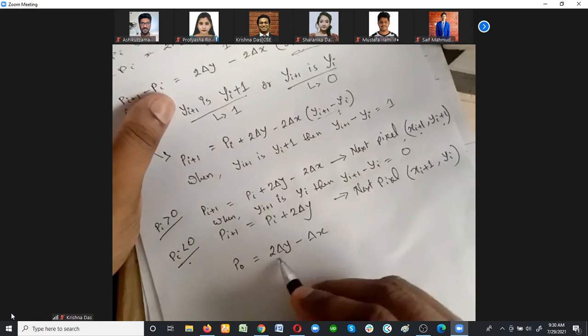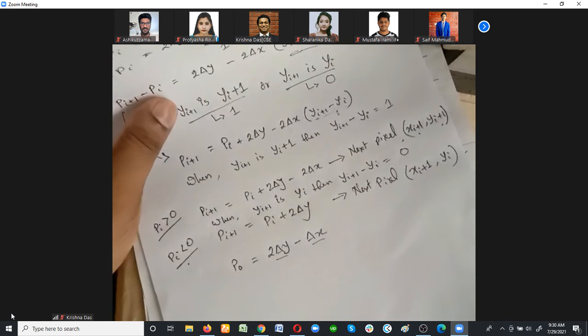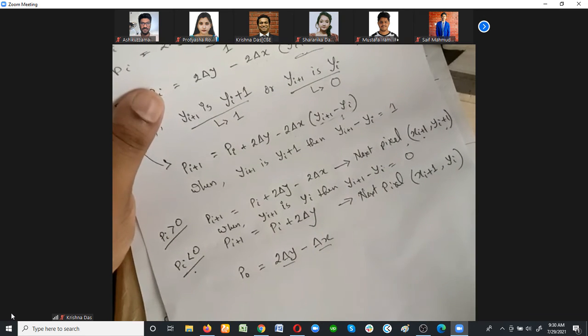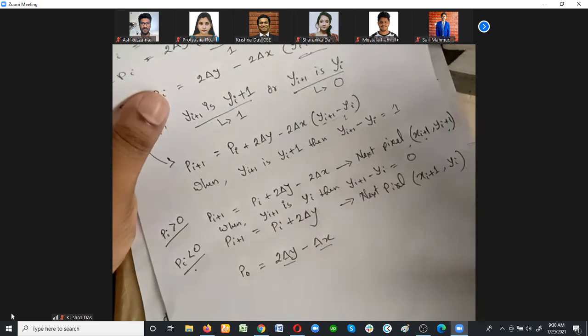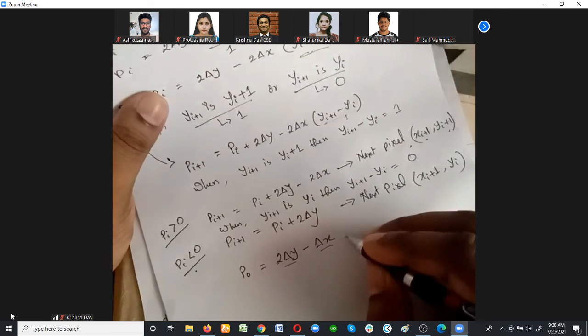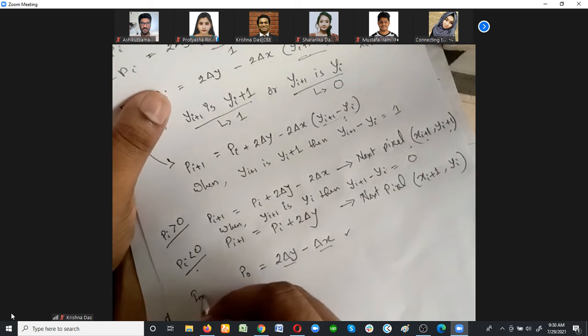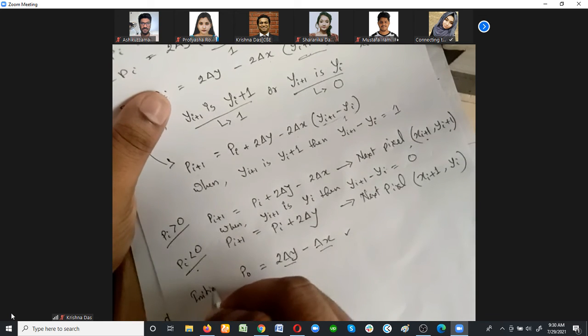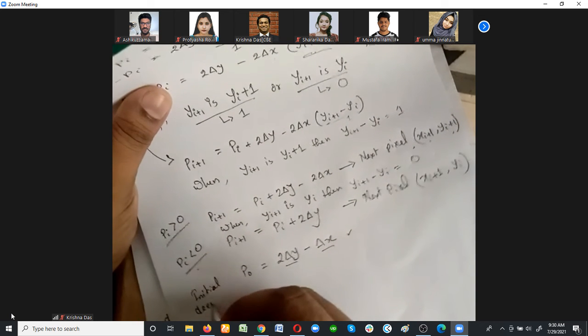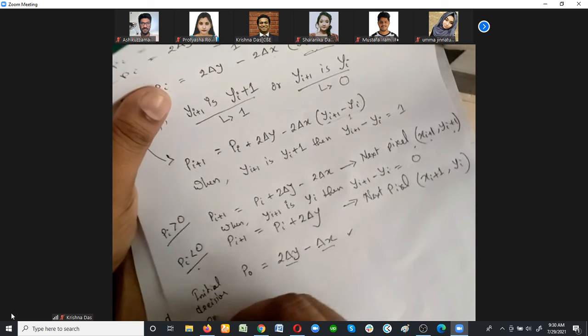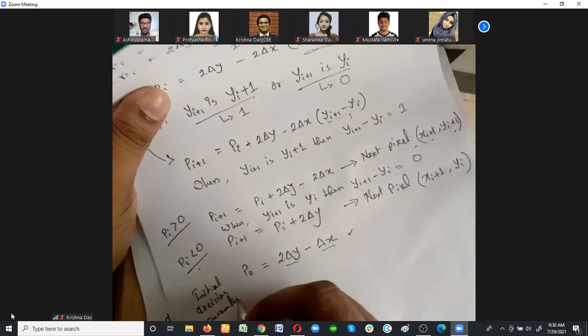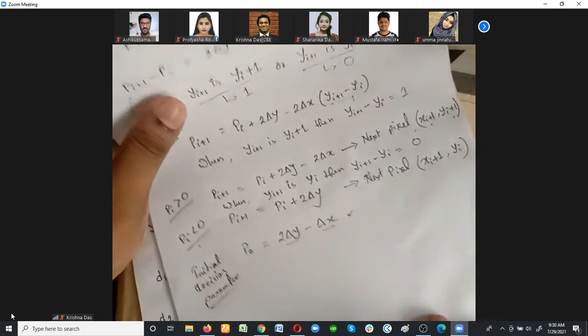As you can see, that also has the constant values. So as you have del y and del x, you can find it out. So whenever we have the initial decision parameter, now the algorithm will start to work out.